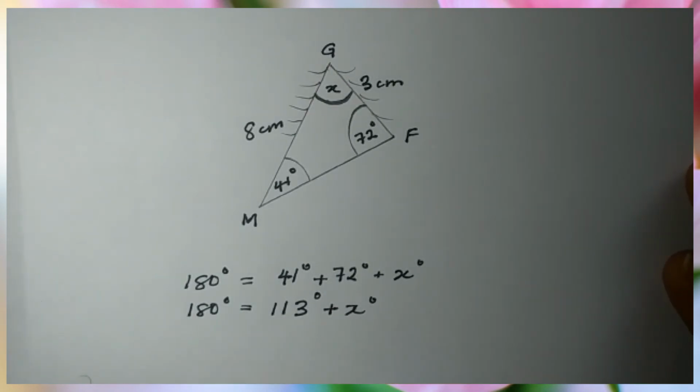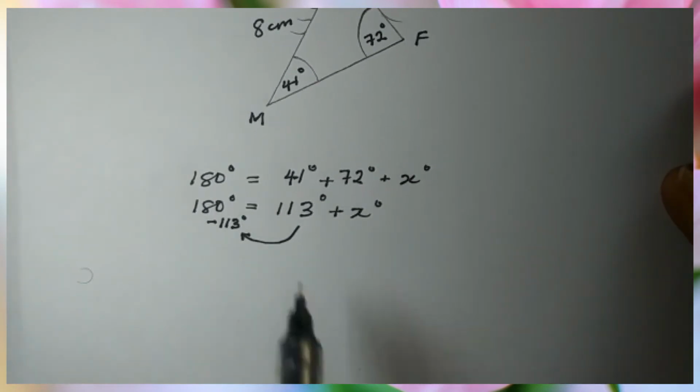Now to find x on its own, I need to get rid of this positive 113 degrees. So I'm going to carry it across the equal sign, and the sign will change from positive to negative. So I'm going to have 180 degrees take away 113 degrees, and that will give me x all alone.